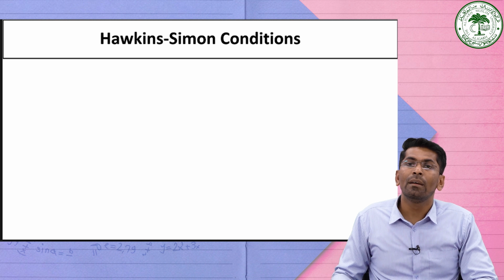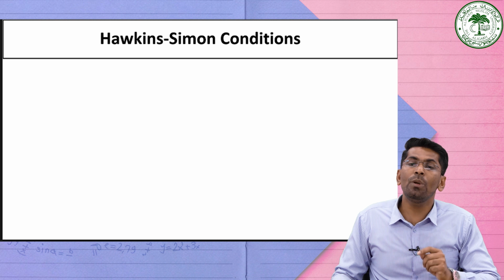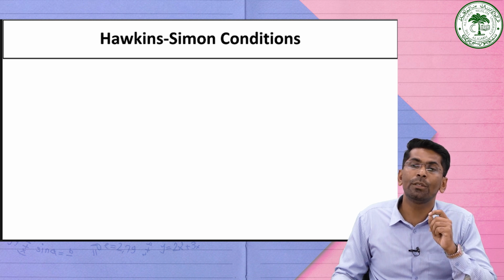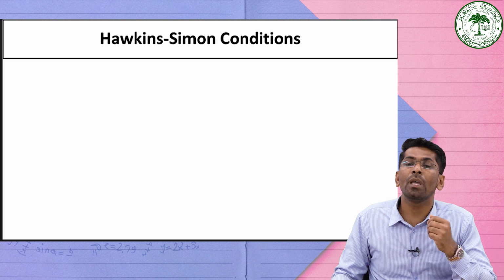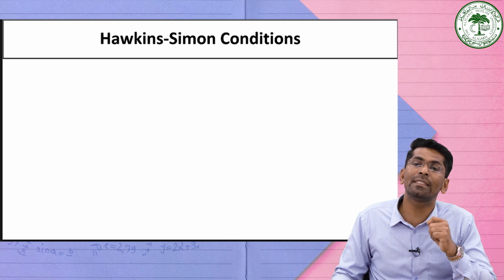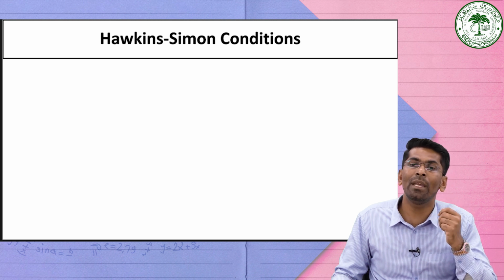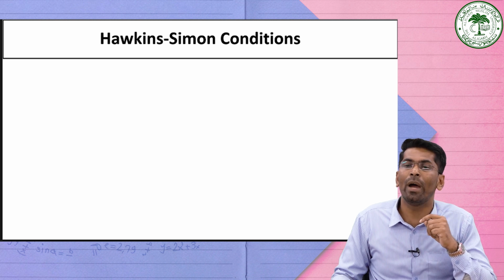It means the input requirement from one sector to produce the output of another sector is greater than the output of the producing sector itself. That means the negative output of one sector is used as an input for the other sector. Such a situation is unrealistic and economically not viable.